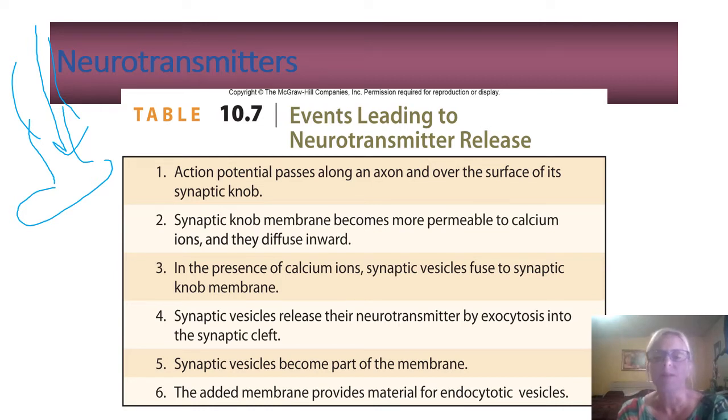In the presence of calcium ions, these synaptic vesicles fuse to the synaptic membrane. The vesicles here then fuse to that membrane and release their contents into the synaptic cleft via exocytosis, and then synaptic vesicles become part of the membrane, and the membrane is going to give the material for the endocytotic vesicles.